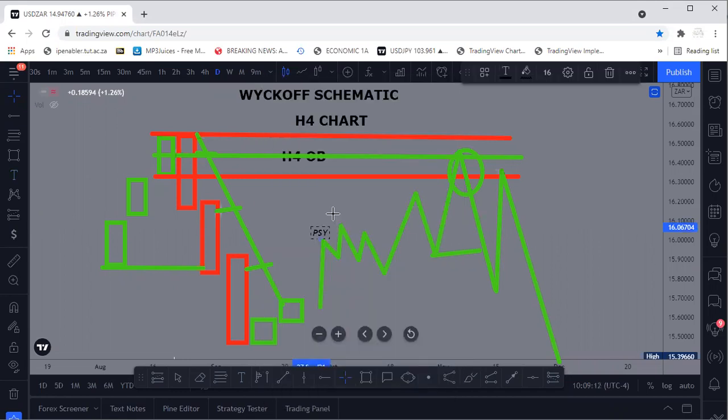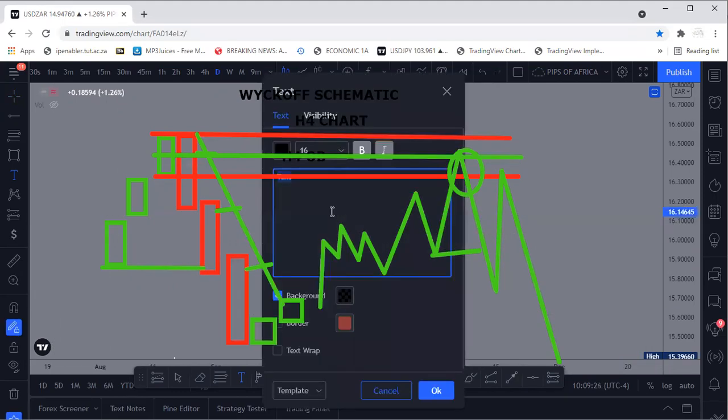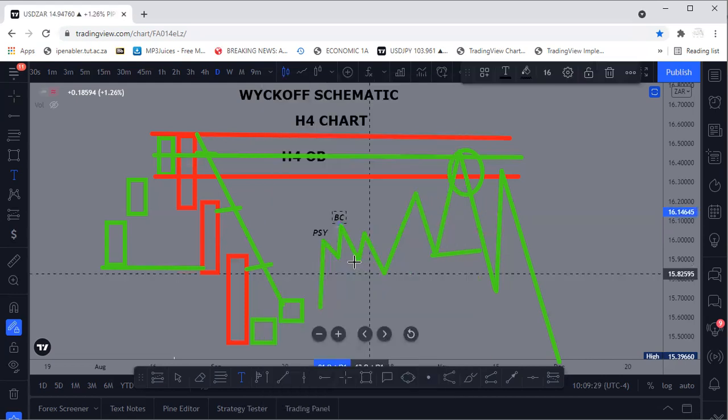And then here we have what? We have the buying climax. And then here we have the automatic reaction.